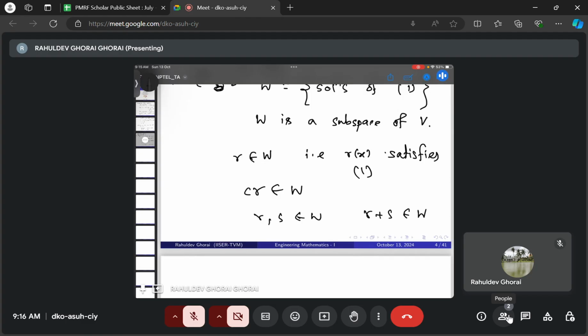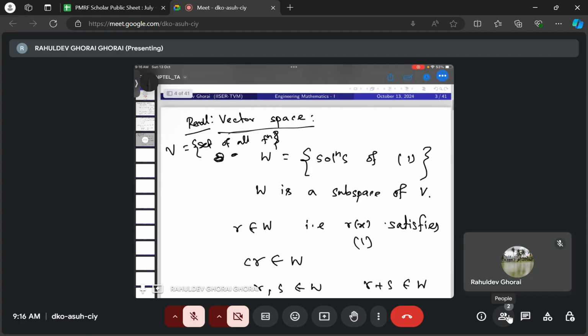So the set of all solutions of a homogeneous linear differential equation will create a vector space, or a vector subspace of the vector space which consists of the set of all functions.